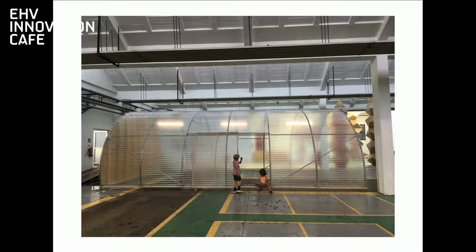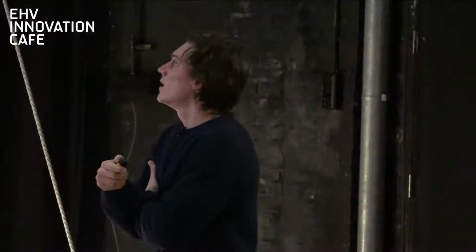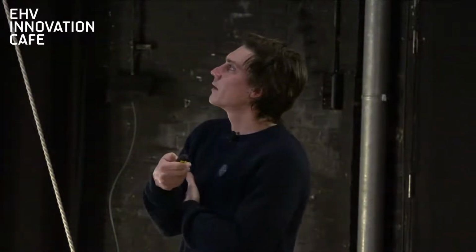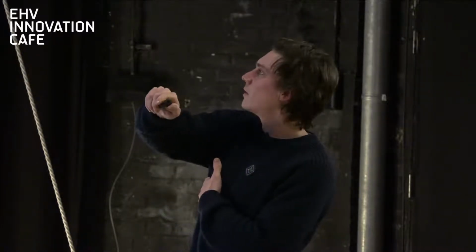So yeah, that's how it looks when it's being used, and because of this light frame structure, we were also able to put it on wheels. So the initial idea to have it flexible, moving around in the area, got real by adding those wheels.